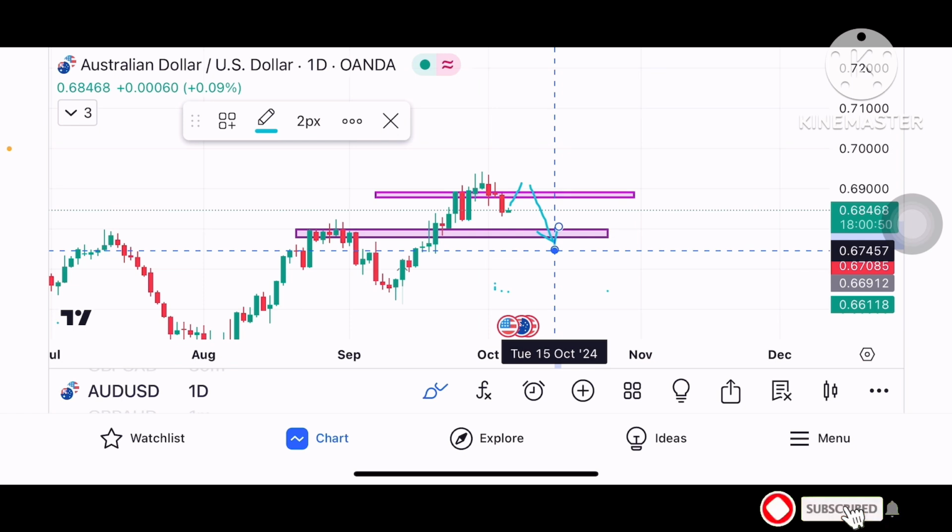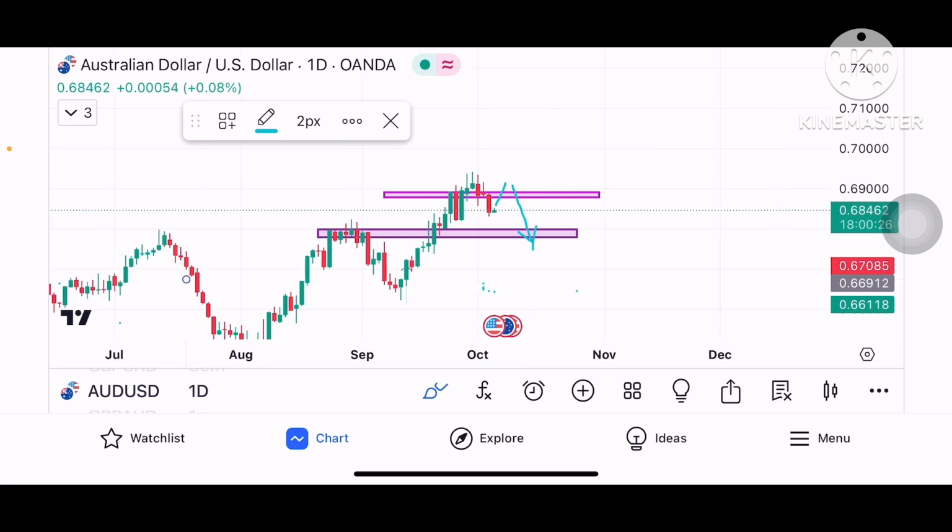But I'm expecting a whole drop on most of the USD pairs because USD has been on a run all the way up. So NFP today, we are expecting some corrections, a retest, then maybe next week price will continue or resume its normal trend, which is the upward trend.